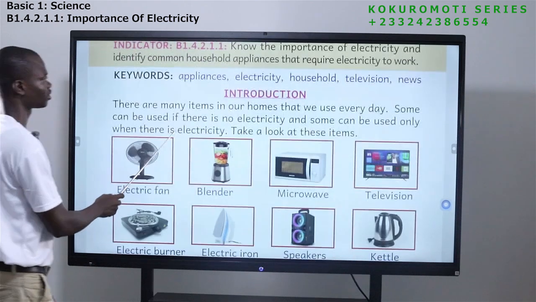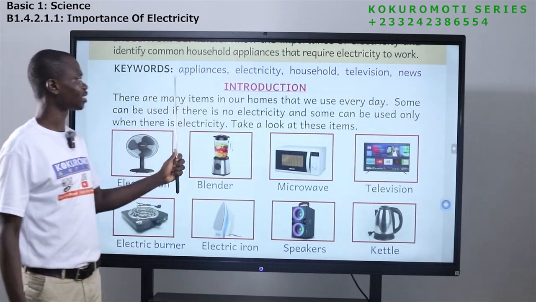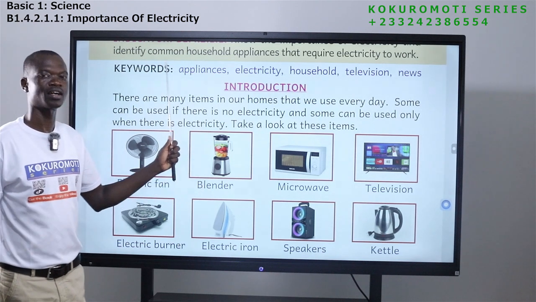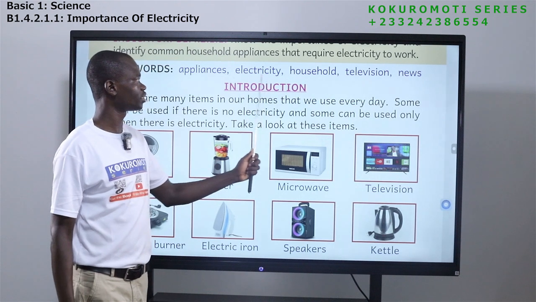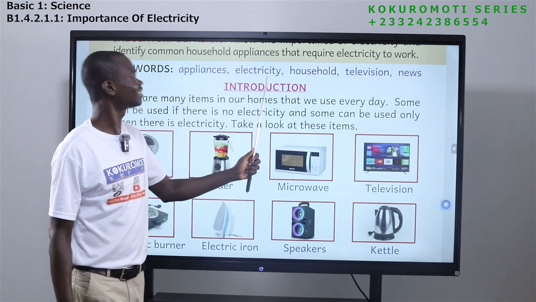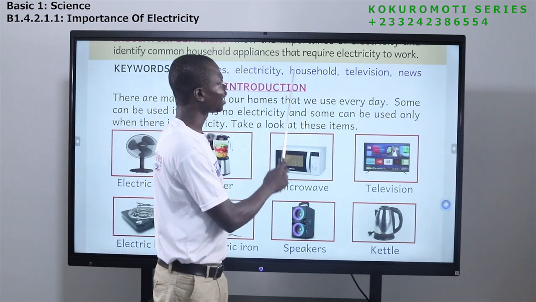In this lesson, you will come across these words. The first one here is appliances. All of you, appliances. Again, appliances. The next one is electricity. Electricity. Say it after me. Electricity. Household.